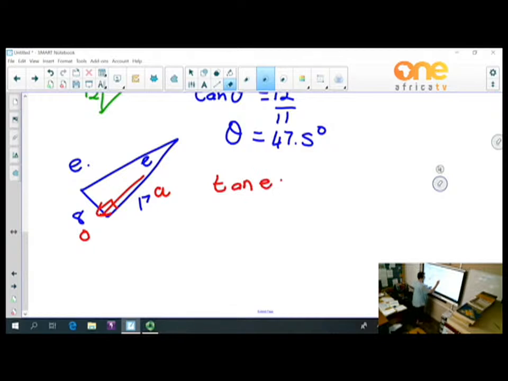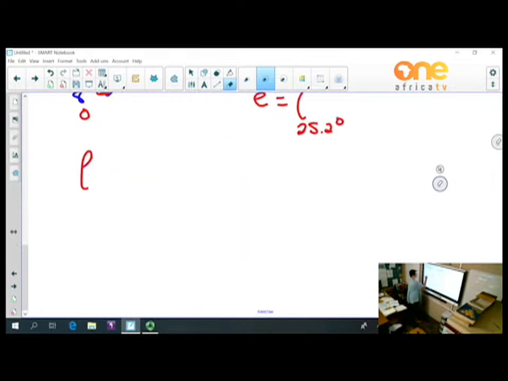So tan E is equal to opposite over adjacent. So E is second function tan. So we press second function tan, brackets, 8 divided by 17, close, is equal to 25.2 degrees.